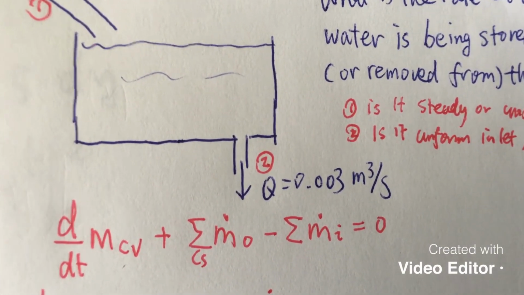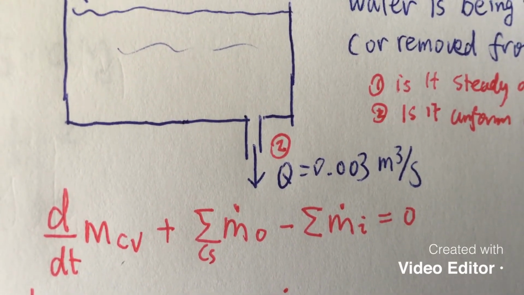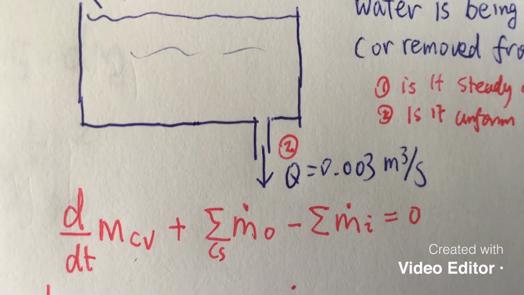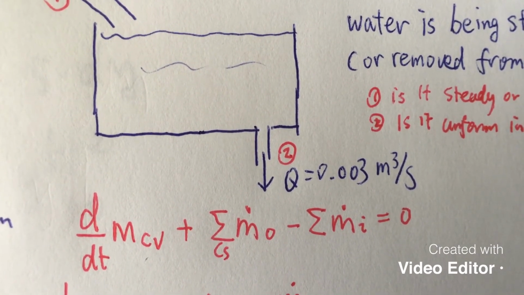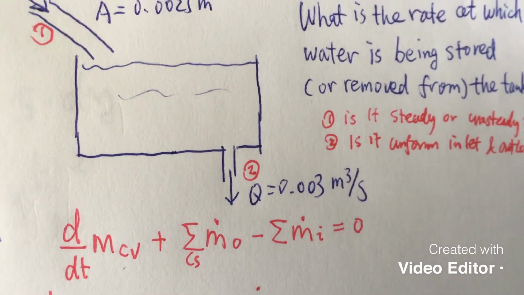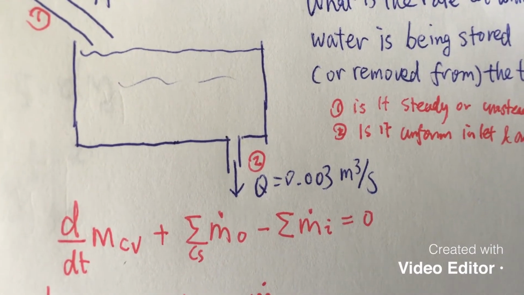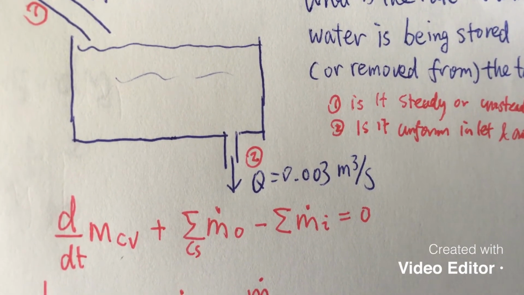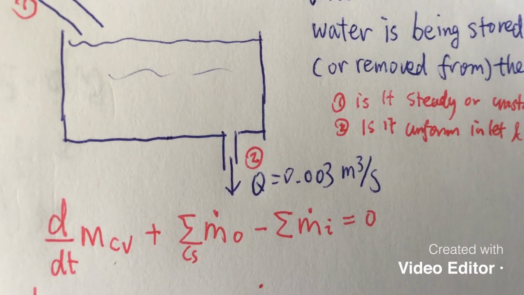That's the first term. Is this positive or negative? If it's positive, that means the water is being stored in the tank. If it's negative, that means the water is being removed from the tank. And what is actually the value of the rate?